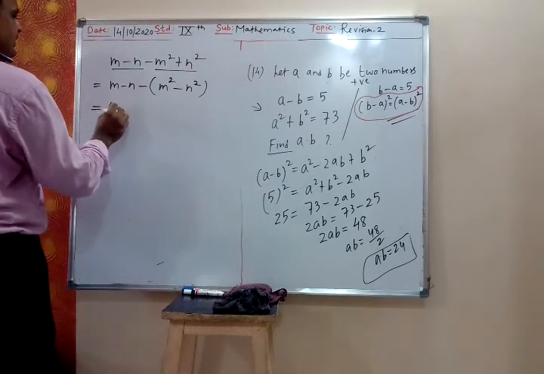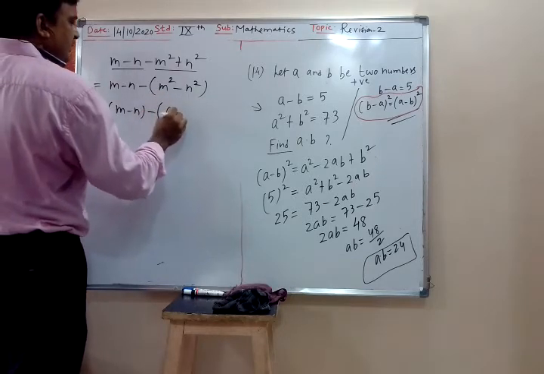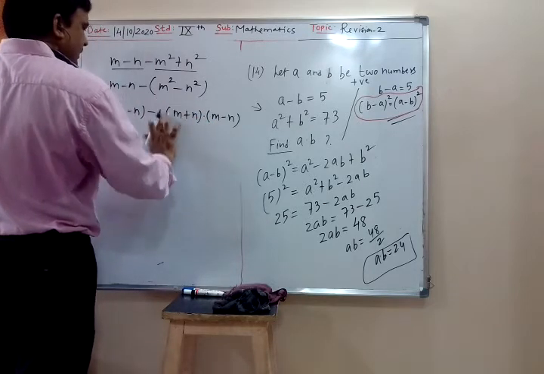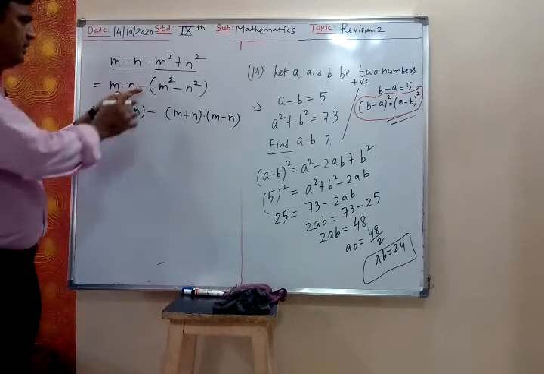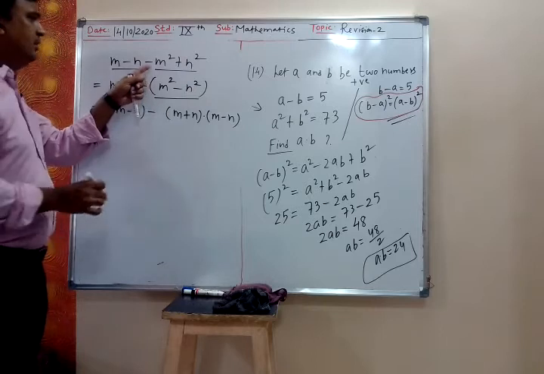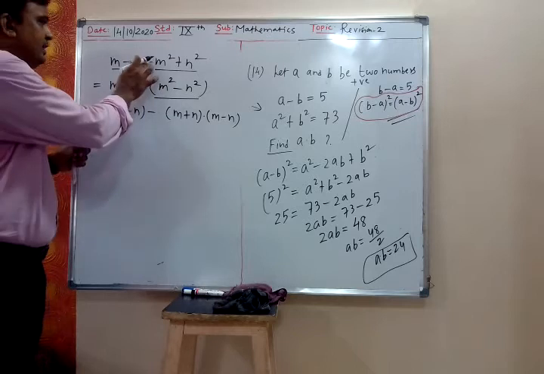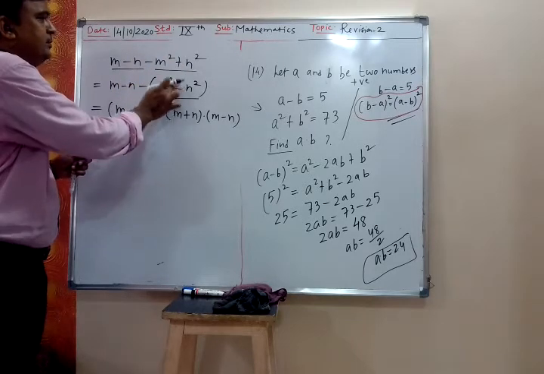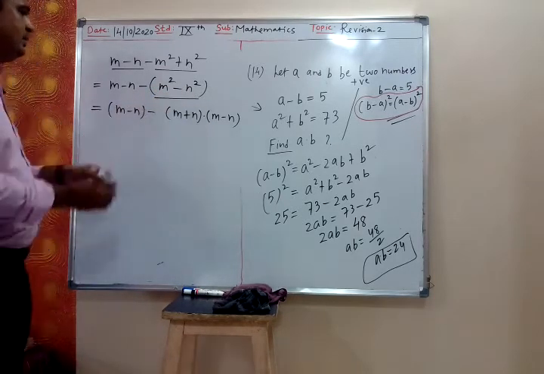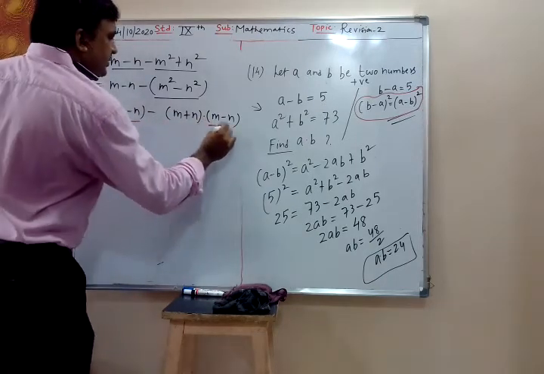So this becomes m minus n minus, again a square minus b square is a plus b into a minus b, m minus n. Yes, because these two I am not taking common, I am taking these two together. Minus sign I am taking common and then I am writing these two together. So when you take minus sign common, inside the bracket the sign will change, plus becomes minus. Now a square minus b square is a plus b into a minus b. Now what is common in these two? M minus n. M minus n is common.